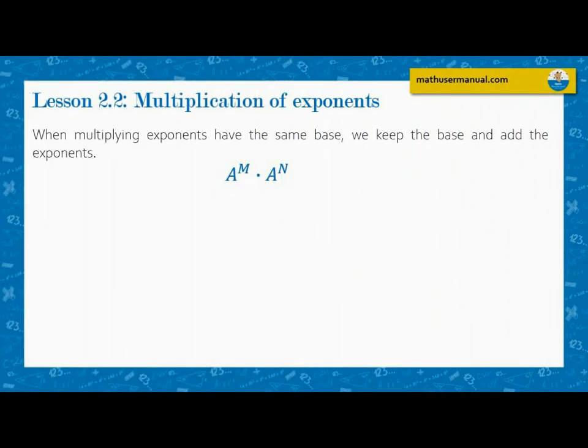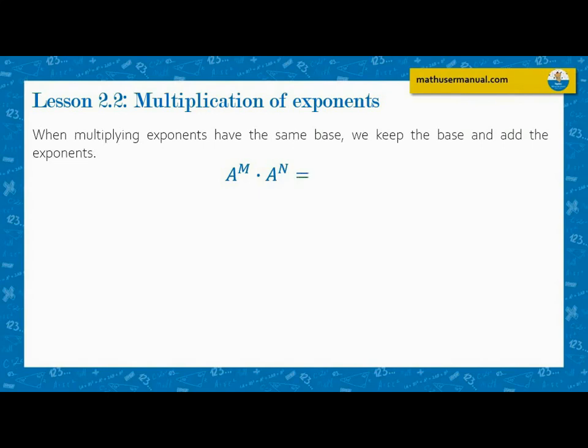But as we said, this sounds like a long process to do every single time. So instead, we can build a property, build a rule to do this. Whenever we see these letters a, m, a, n, it means we're making a formula that is going to work every single time. So how does the property of multiplication of exponents work?